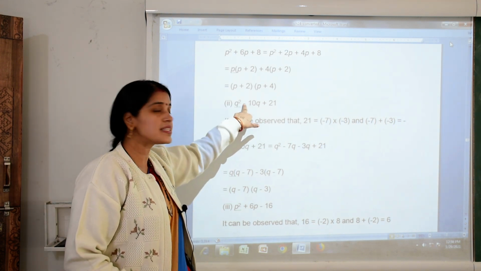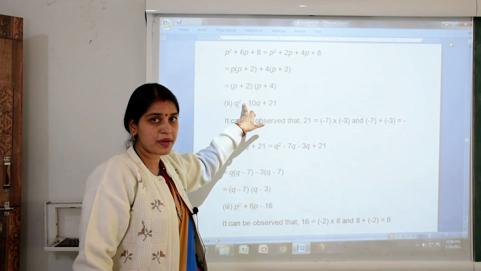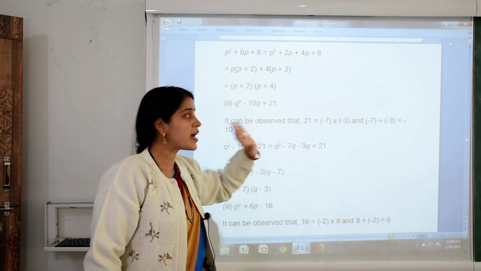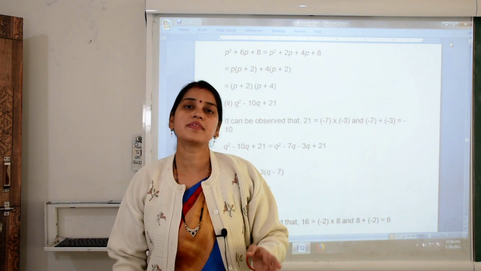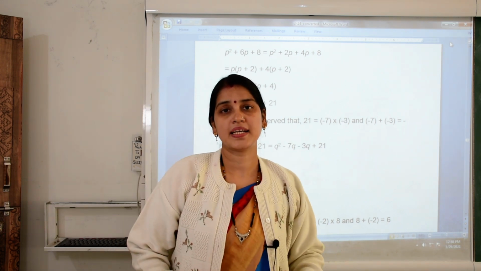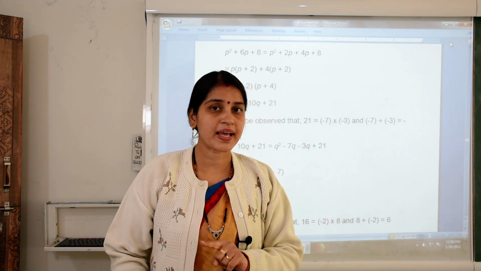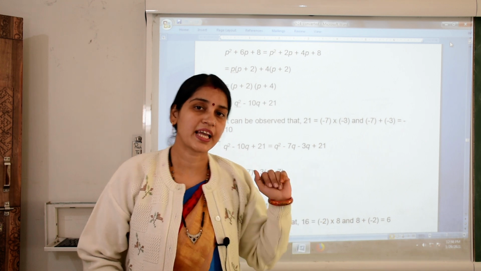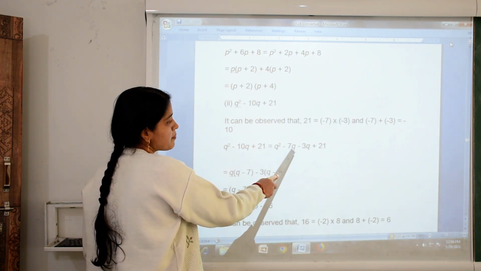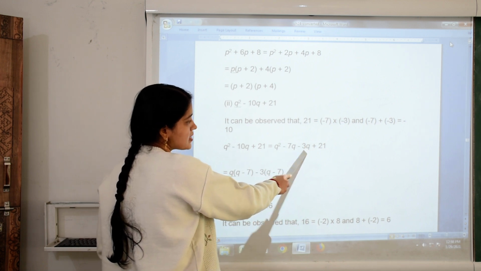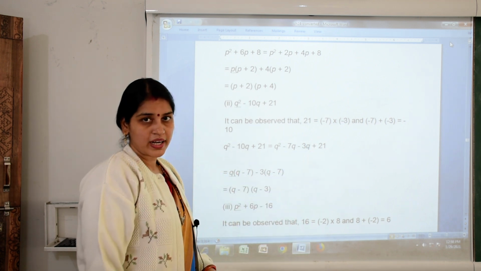But here the sign is minus. Remember the sign. Here the sign is minus but we are doing plus. That's why we have to take both the numbers as minus, because minus minus is plus but the sum has a minus sign. That's why we are taking q square minus 7q minus 3q plus 21.